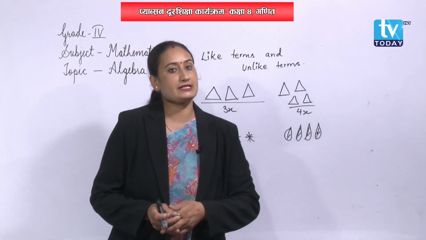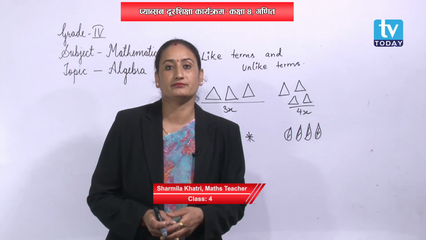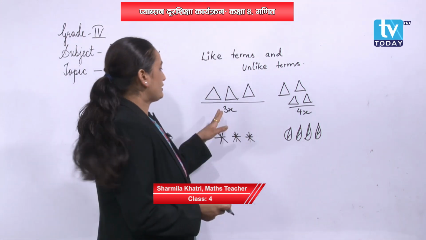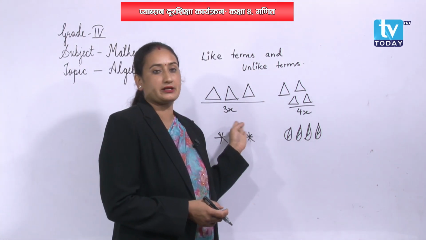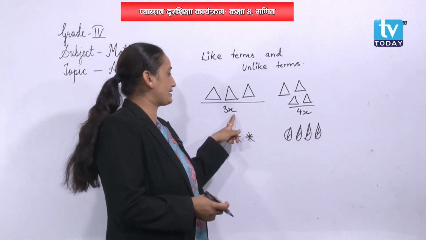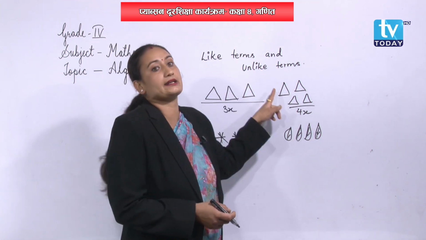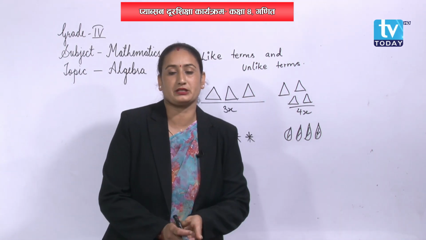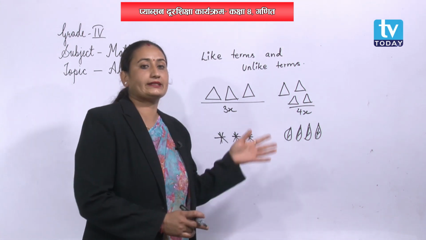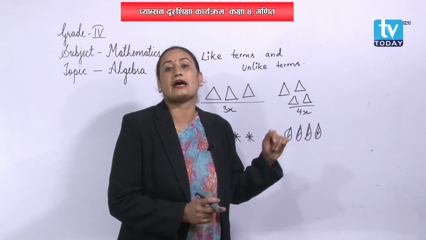So if the bases are the same, then we call it a like term. Do you understand? It doesn't matter with the numbers. You have to look for the base. Are they the same? Yes, here is also X, here is also X. We can easily say that triangles and triangles, they are the same thing, right? So only the numbers are different. So we call it a like term.